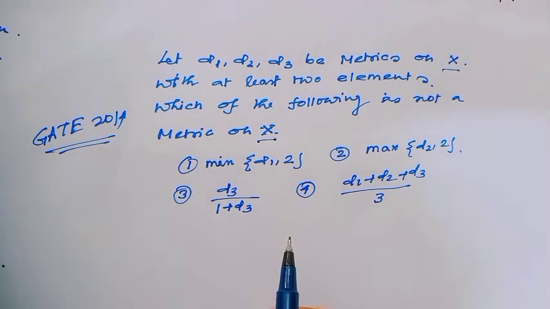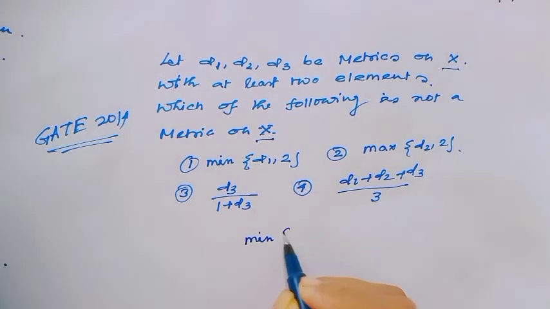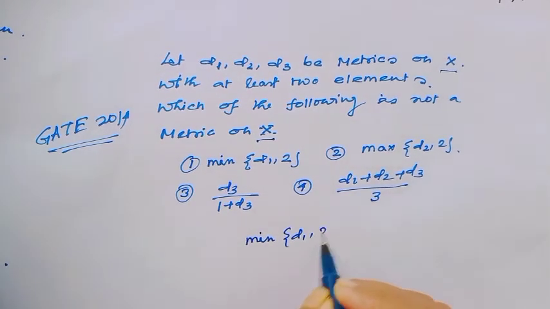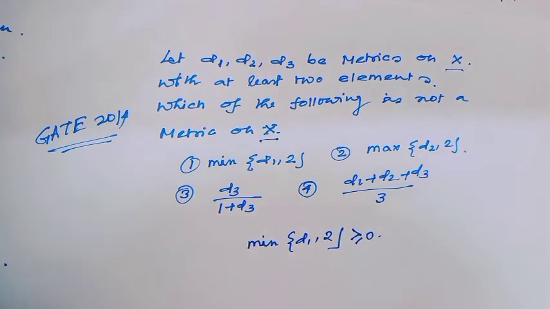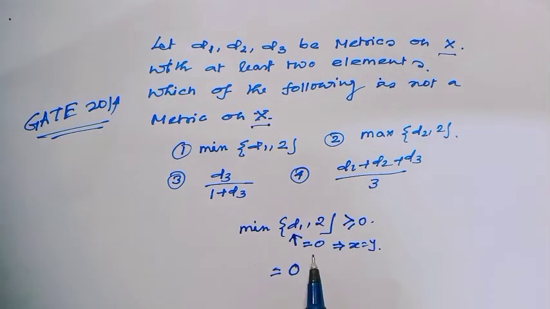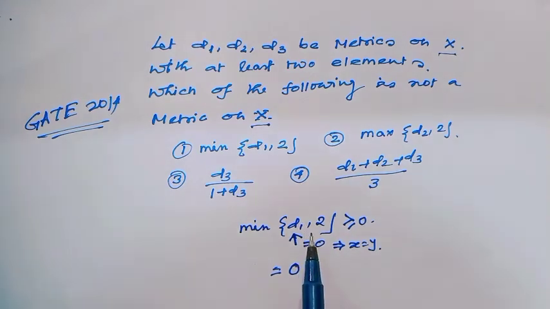First think on your own. Minimum of D1, 2. Obviously this is greater than or equal to 0, and since D1 is a metric, D1 equal to 0 implies X equal to Y, and if we consider D1 equal to 0, then this minimum value would be equal to 0.